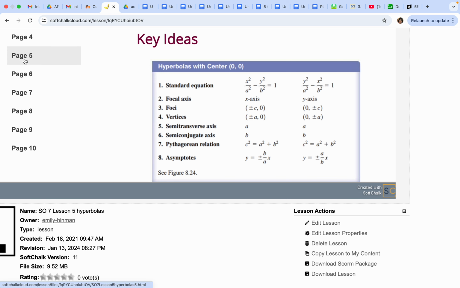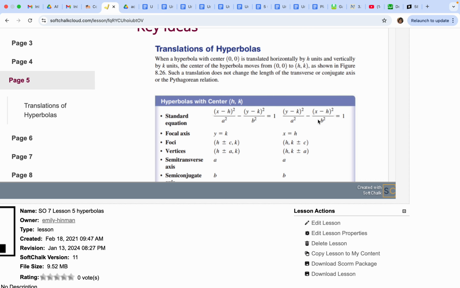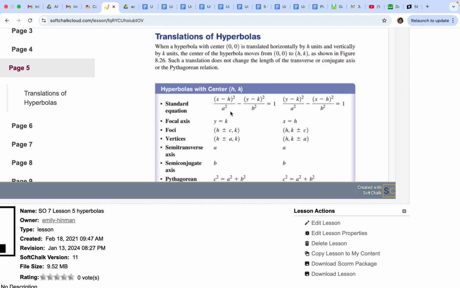So it's a combination of looking at these two. It's not quite as complicated because the center is not (h, k). One is moved over and one is moved up. But we need the values of a and b.